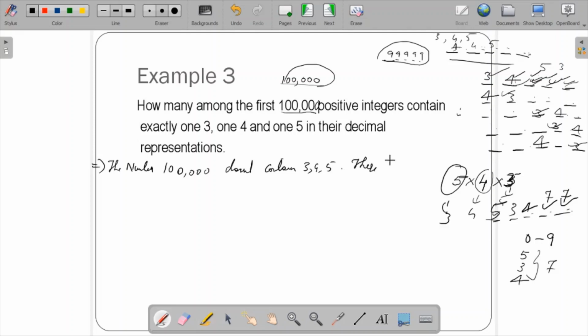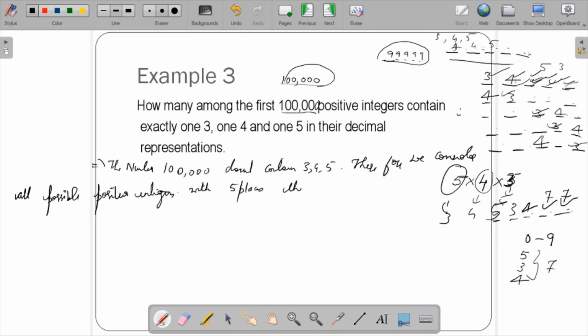Therefore, we consider all possible positive integers with 5 places that meet the given condition. You need to write these statements.